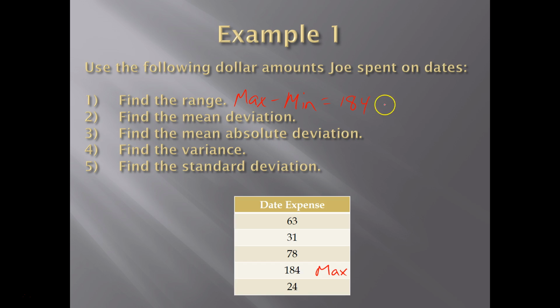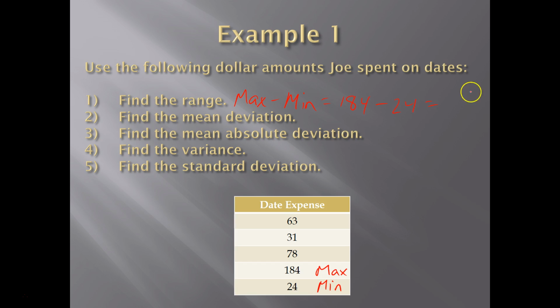Now we're going to subtract the minimum. The minimum value looks like it's right below. It's 24. So that is the minimum data value. That must not be one he's trying too hard with, only spending 24 bucks. He took her to Taco Bell or something. So there's your maximum minus your minimum.